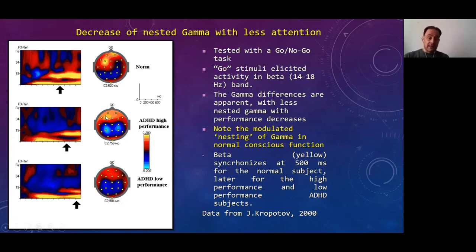Now, for the individual with the ADHD high performance, there is a lot less red and a lot less yellow. So his nesting and his coupling are not the same as the normal individual, meaning this brain is struggling to process information, and it takes him 756 milliseconds, 136 milliseconds slower than the normal individual to press the button once they see the red dot on the screen.